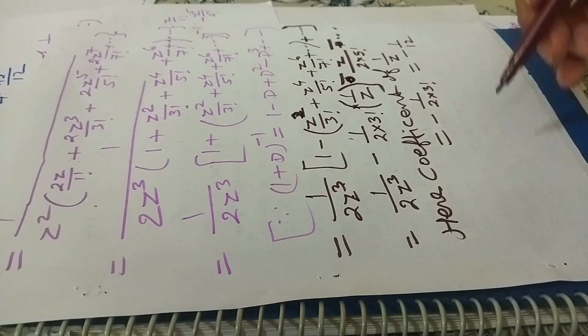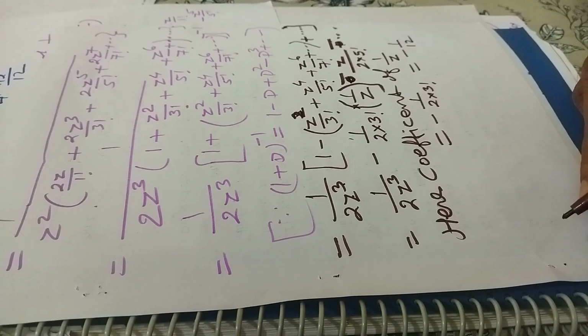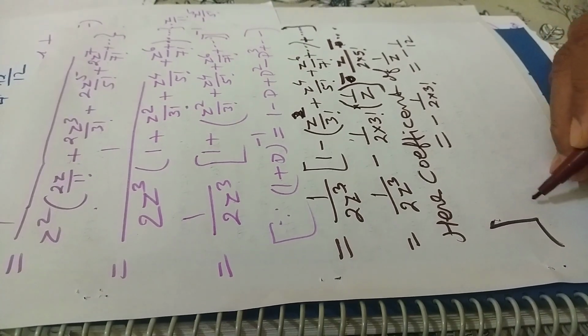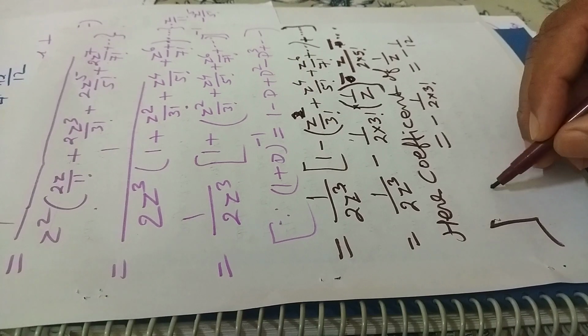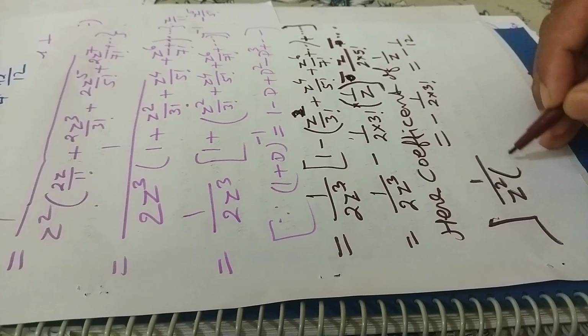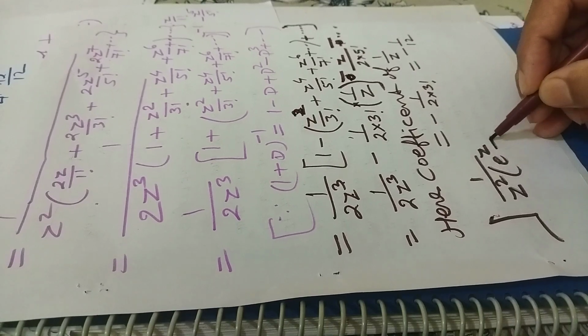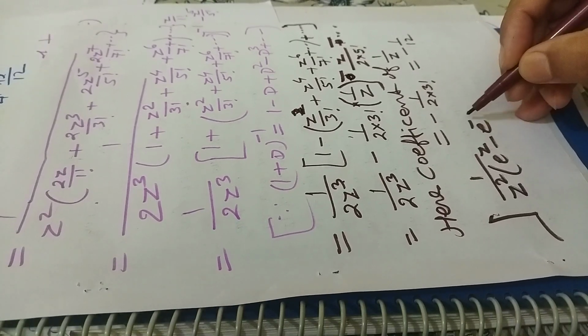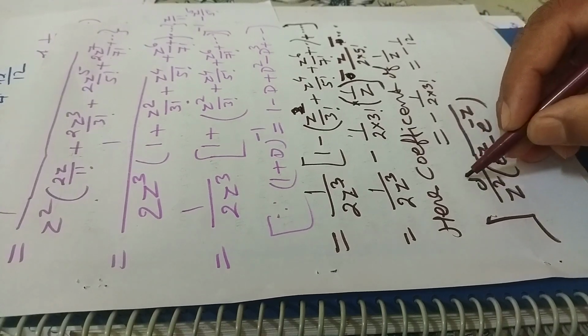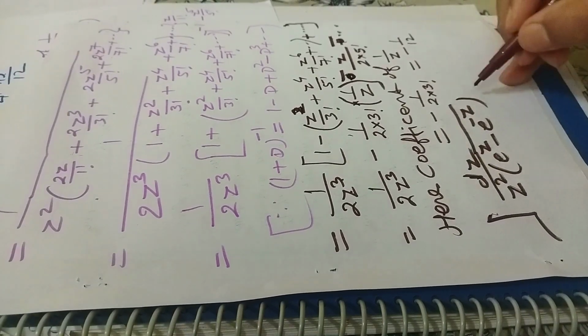This is the residue, and so we find the result, that is what we want: 1 upon z square, e to the power z minus e to the power minus z, suppose we write here dz.